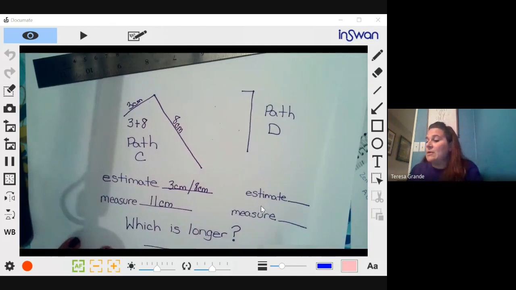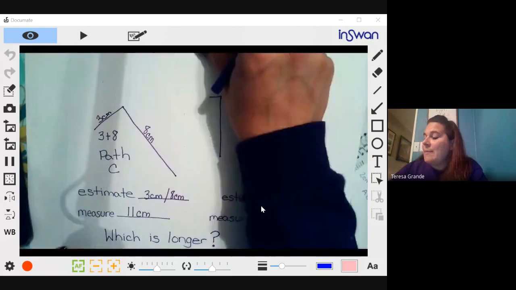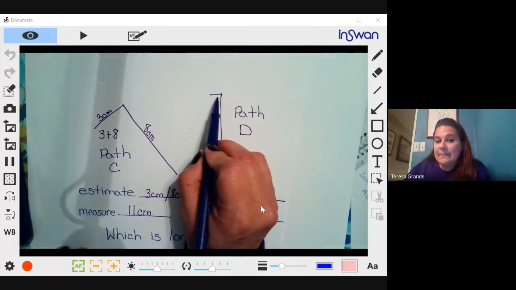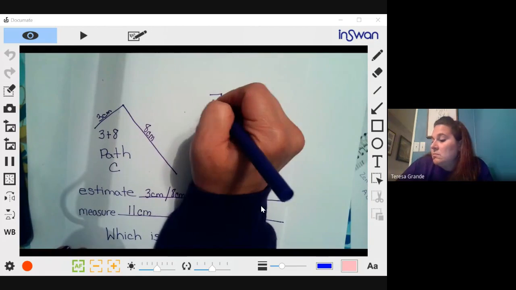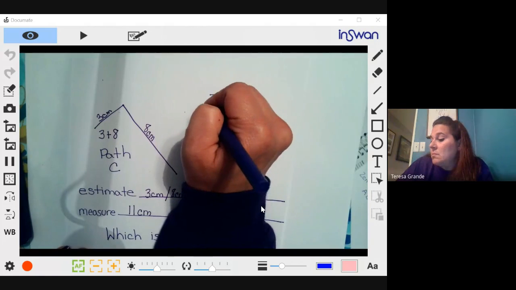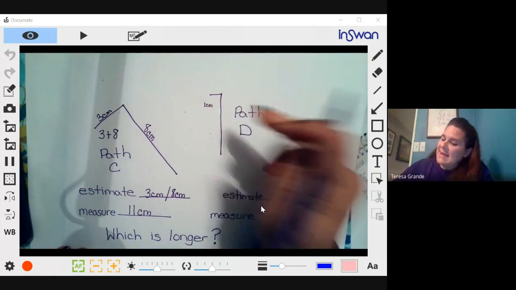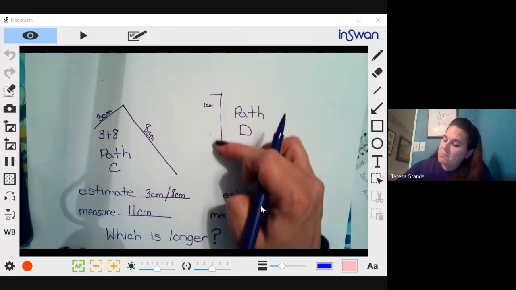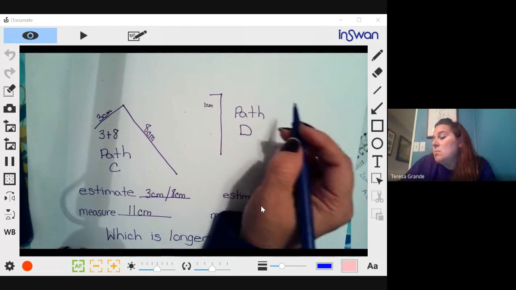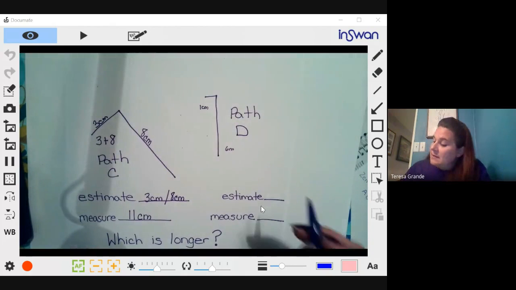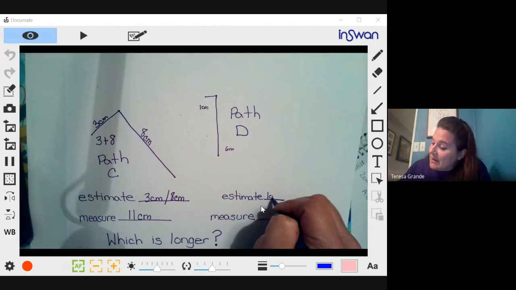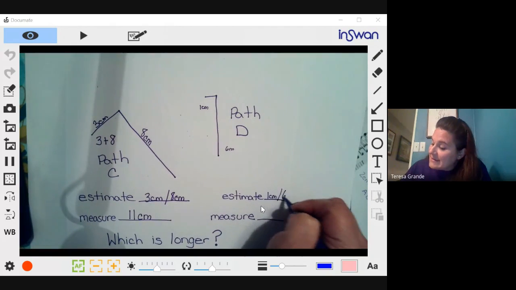All right, now let's take a look at path D. How many centimeters do we think this is? Let's estimate. Let's say 1. Estimate this one. How about 6? All right. So we're going to estimate 1 centimeter and 6 centimeters.